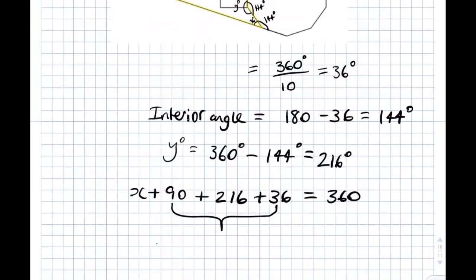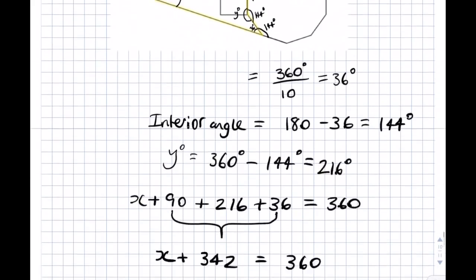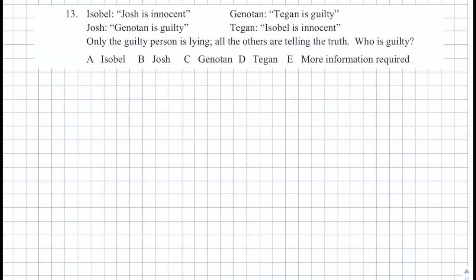This simplifies to x plus 342 equal to 360, and therefore that makes x equal to 18, which is answer B. Therefore our answer equals B.